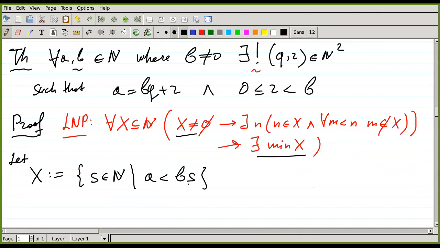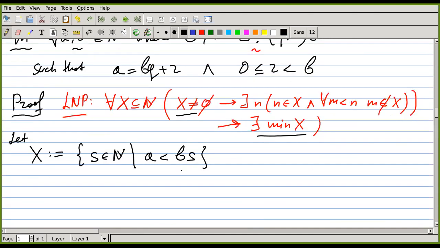First of all, let's consider the set of all naturals such that b multiplied by s is greater than a. Is this set empty or not? Is it possible to exceed a by taking b a few times?